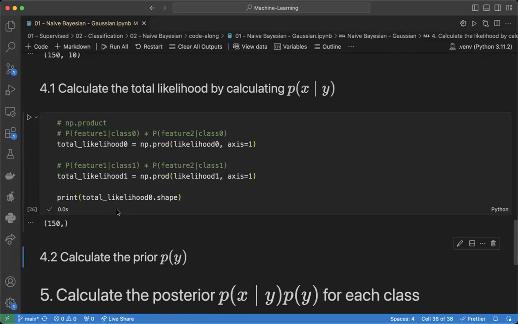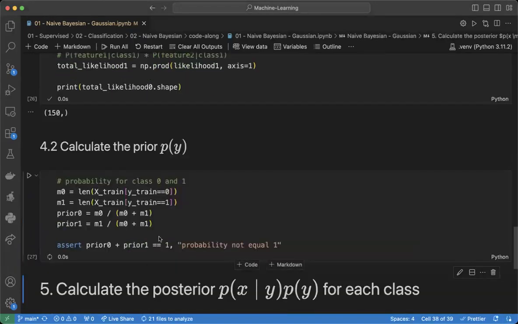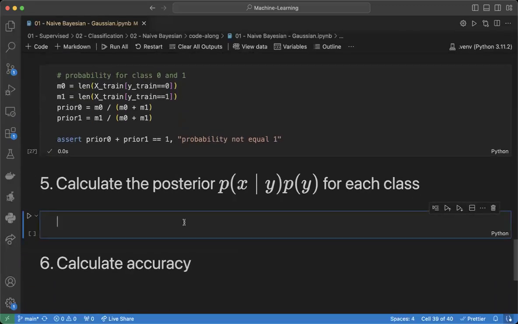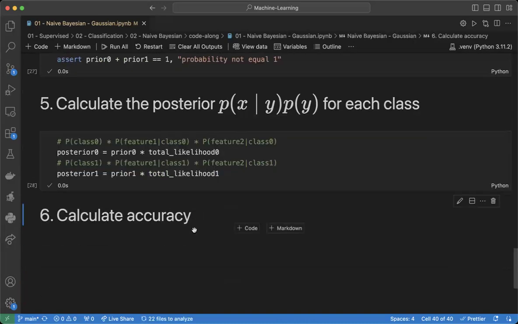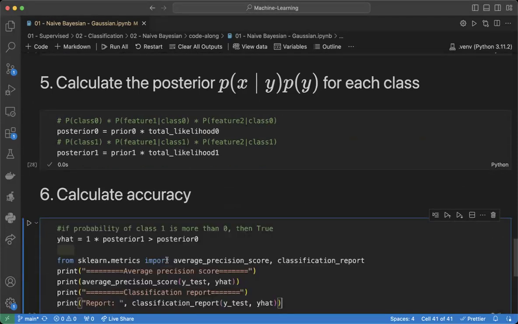And then I can also calculate the prior, and finally I can calculate the posterior, which is basically the multiplication of px given y and py. And finally, I can predict, so the y hat is basically this one.